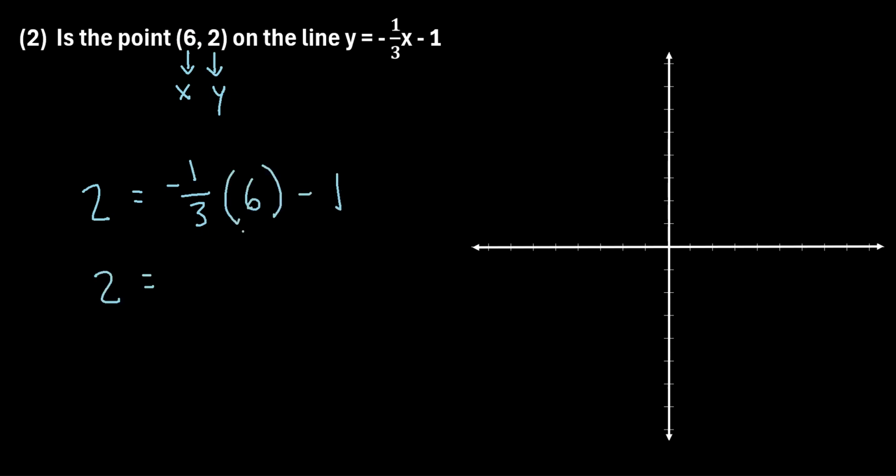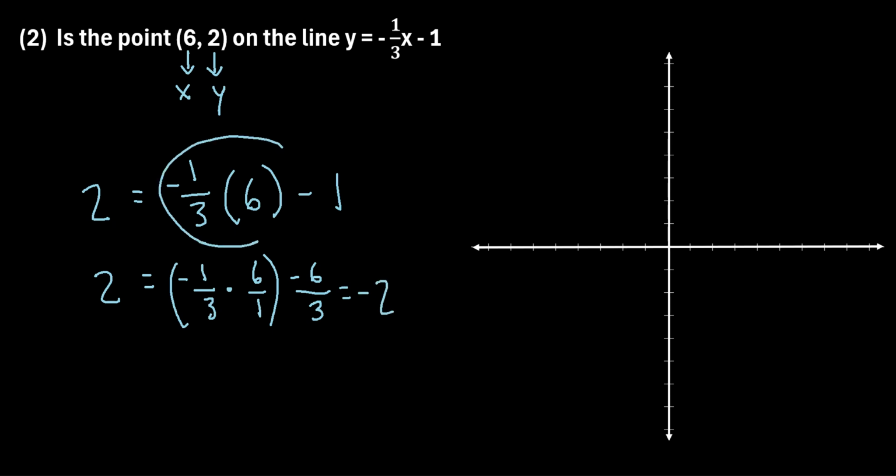So when we're multiplying a fraction like this, it helps if we just write the whole number over 1, like this, -1/3 times 6/1. So if we just multiply the values in the numerator, we get -1 times 6, which is -6, over 3 times 1, which is 3. So -6 divided by 3 reduces to -2.